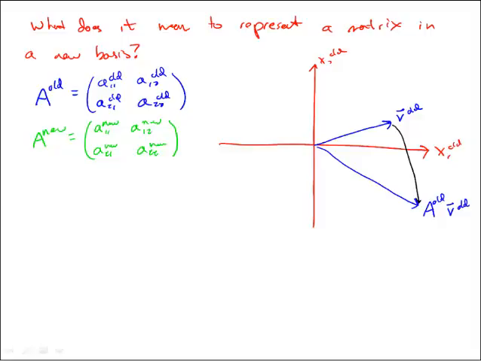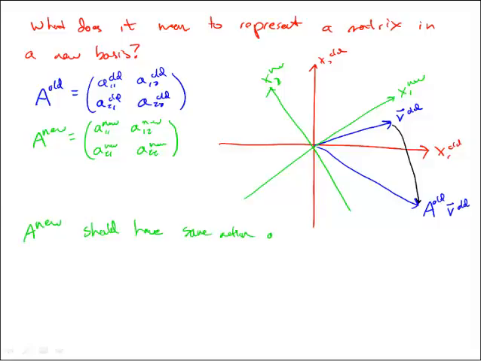So if we change our representation of v old to v new, so we do our change of basis formula and get v old represented in a new basis, we want A new to have the same action on v new as A old had on v old.